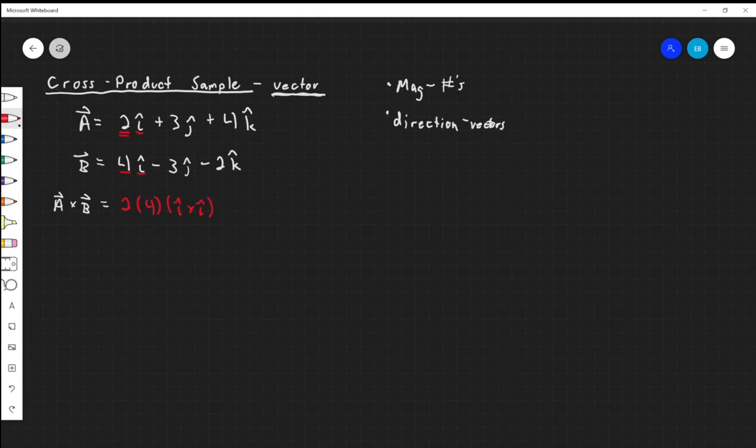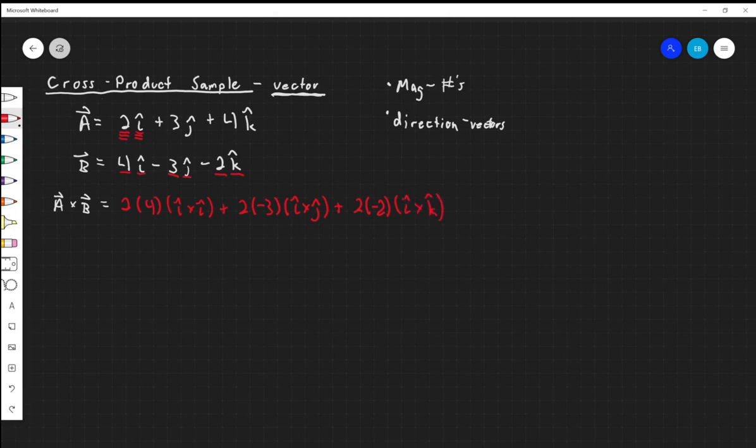So I need to do 2 times this negative 3, and I need to do I cross J. So I have plus 2 times negative 3, and then I hat cross J hat. And then I need to do the last one, 2 times negative 2, I hat cross K hat. So plus 2 times negative 2, and I hat cross K hat.